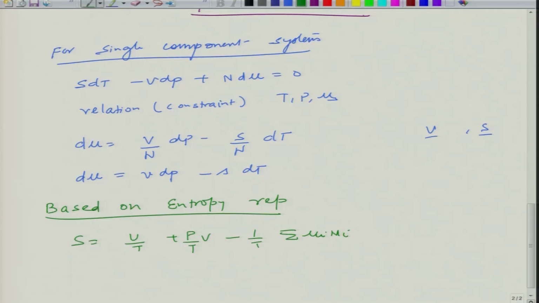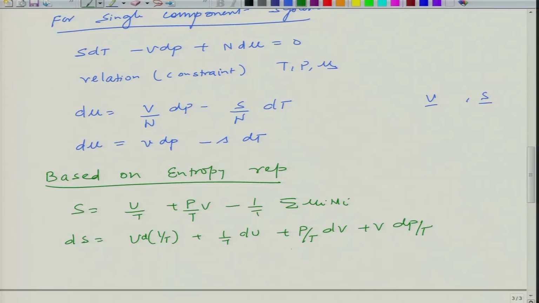Now, you do a similar exercise as we have done for the internal energy. We are going to take a differentiation on both sides. dS is equal to U d(1/T) plus 1/T dU plus P/T dV plus V d(P/T). Now, for the third term, 1/T, I can bring T inside, and I can do the following summation: mu_i dn_i by T plus n_i d(mu_i/T).